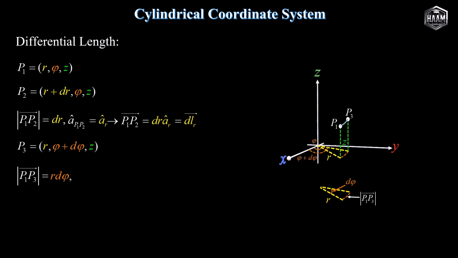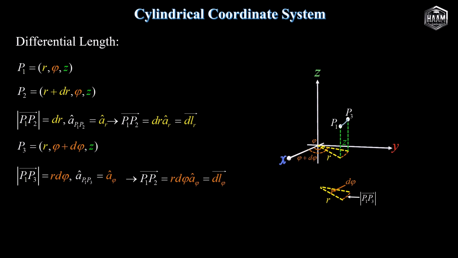But since here it is only proportional to d phi, this arc length equals r d phi, and its direction is along a hat sub phi. So dl sub phi in the cylindrical coordinate system equals r d phi times a hat sub phi.